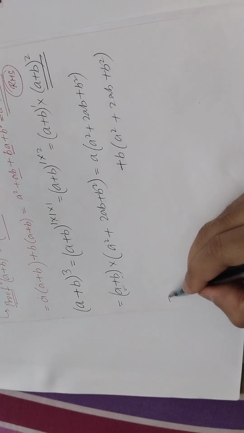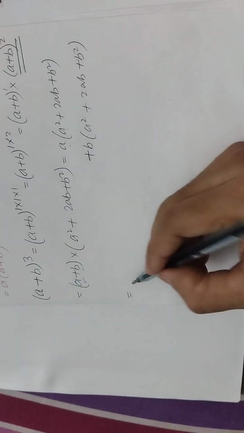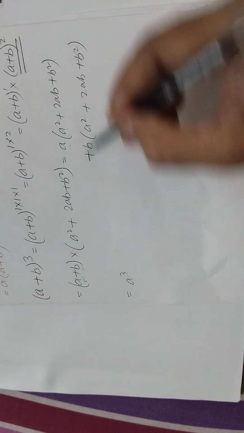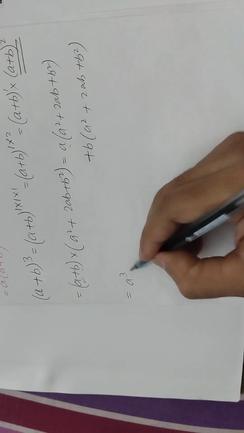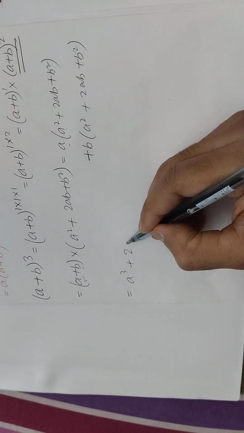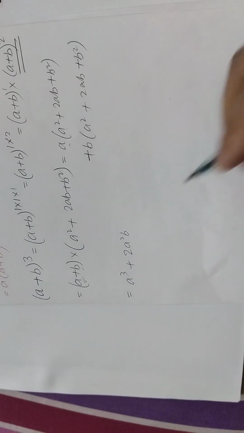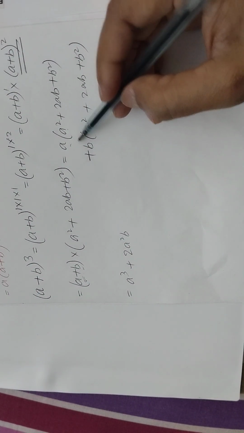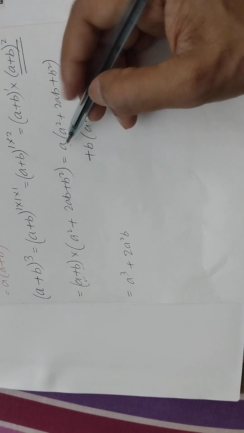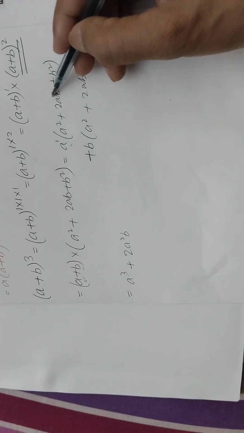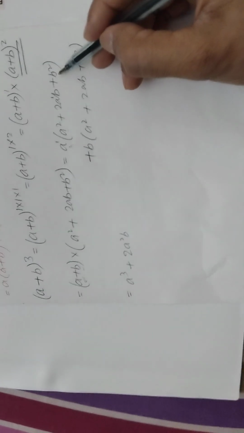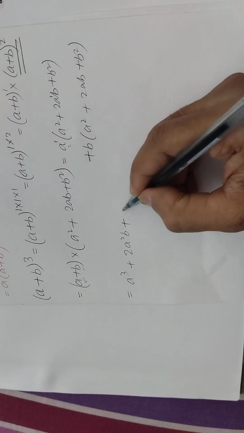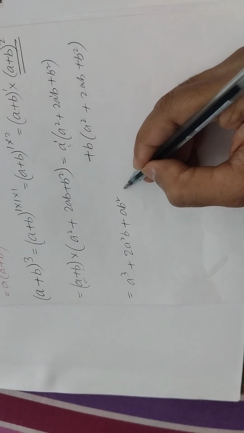Now if I expand them, I get a into a square, a to the power 3, a into twice ab, 2a square b. When I multiply the similar variables, they add in powers. Again, when I multiply a into b square, I get ab square.